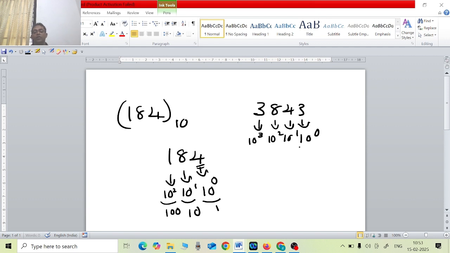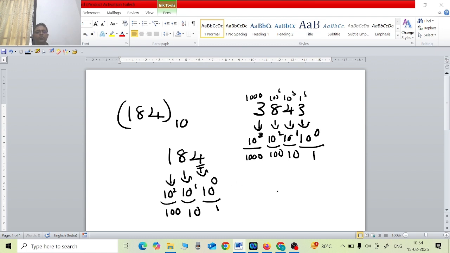As we have already seen, this position indicates ones, or 10 raised to 0 is 1, this is 10, this is 100, and 10 raised to 3 is 1000. So this 3 stands for ones, this is for tens, this is for hundreds, and this is for thousands. You might have understood why the base is 10.